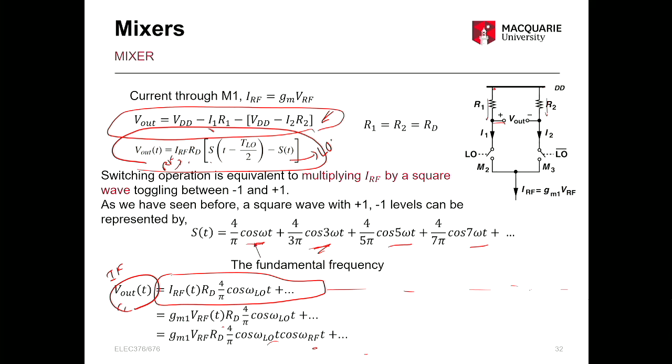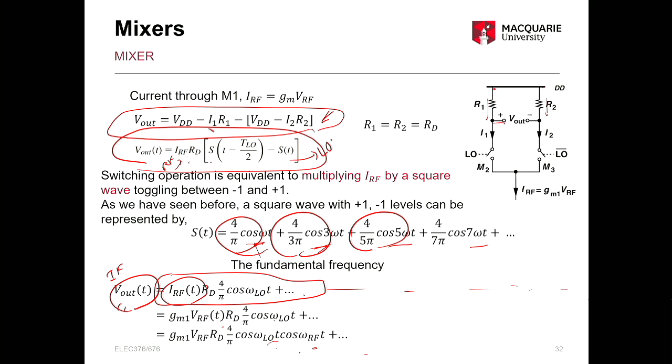So that is this term plus this term plus this term, and all multiplied together with this RF current.